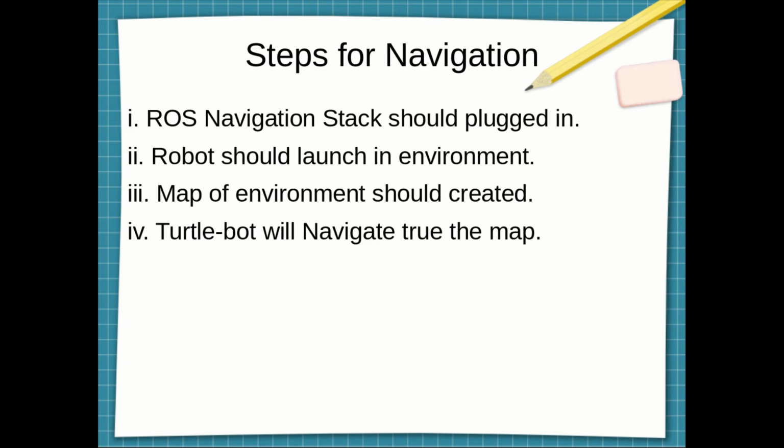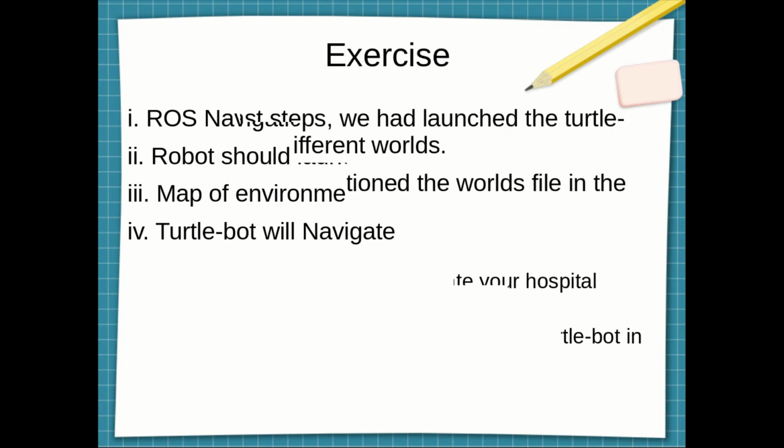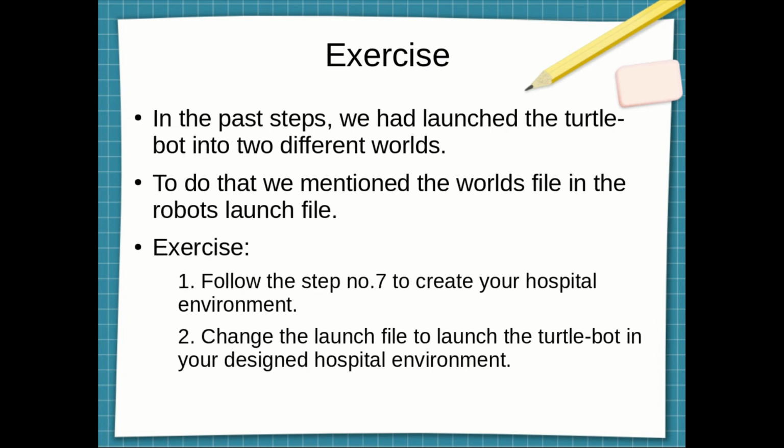Okay, so now I have one exercise for you. As you remember, in the past steps we launched the Turtlebot in two different worlds. One of them was an empty world, and the other one was a world which looked like a turtle from the top side, if you remember.